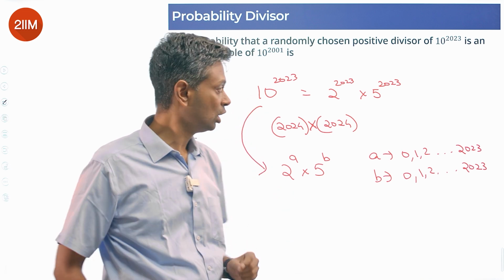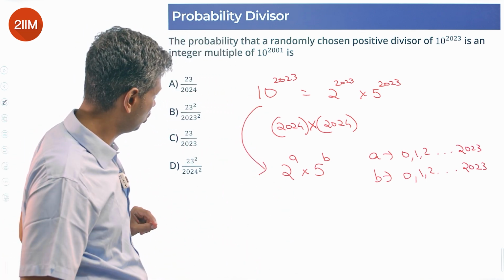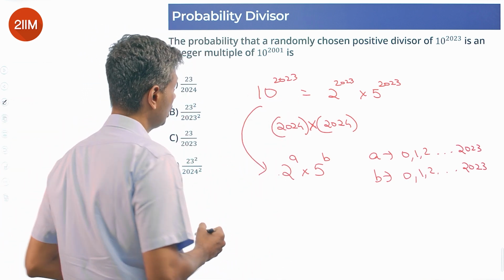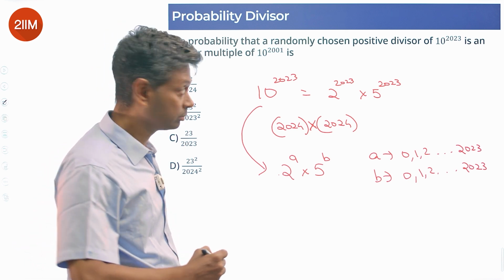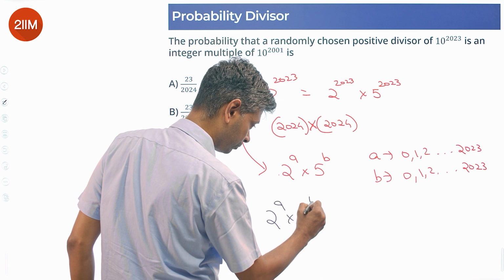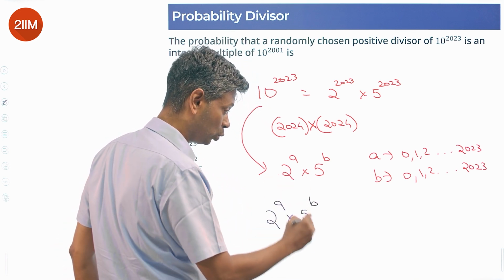What is the numerator? Under what conditions will this factor of this number be a multiple of 10 power 2021? So 2 power a into 5 power b should satisfy two conditions.